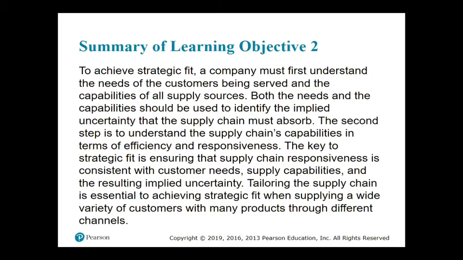And then we talked about how to match these two, right, to achieve strategic fit. And then we talked about different tactics, different methods to use to achieve this strategic fit when you are tailoring the supply chain.